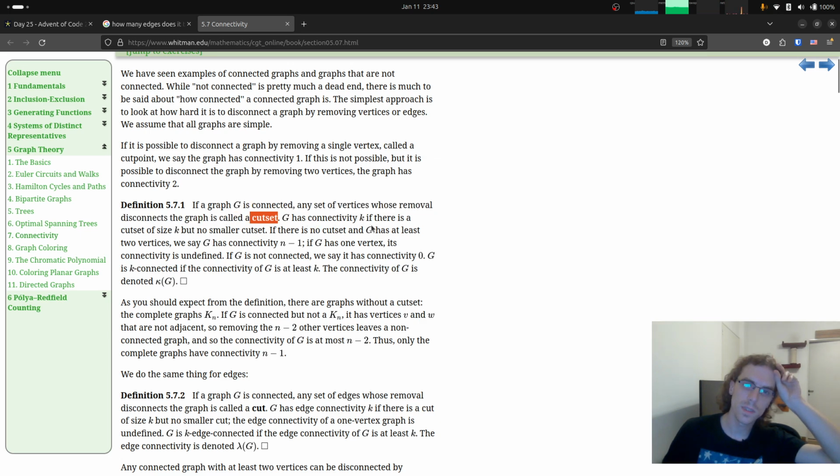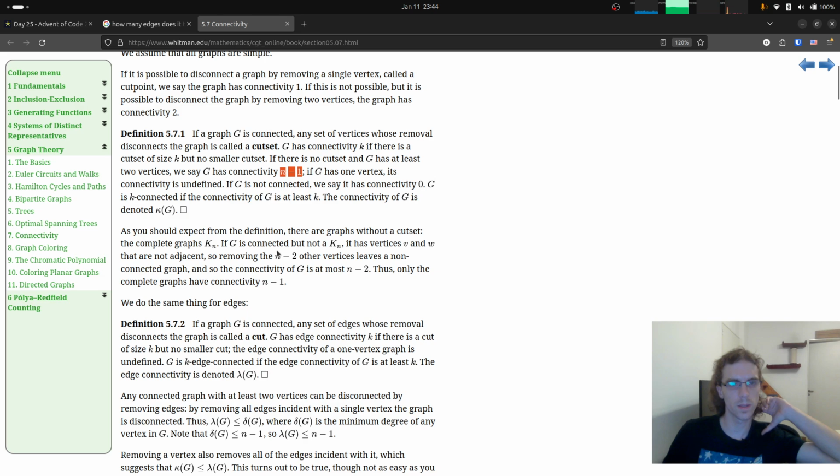G has connectivity K if there is a cut set of size K but no smaller cut set. If there is no cut set and G has at least 2 vertices, we say G has connectivity n-1. Okay, definitions, blah blah.